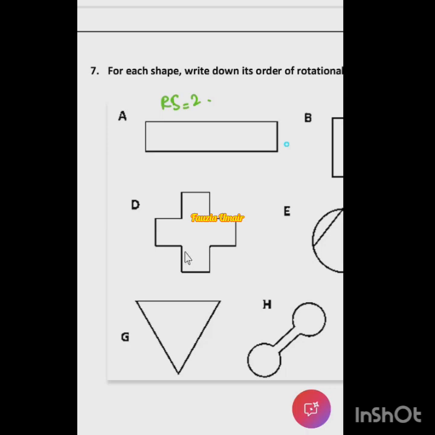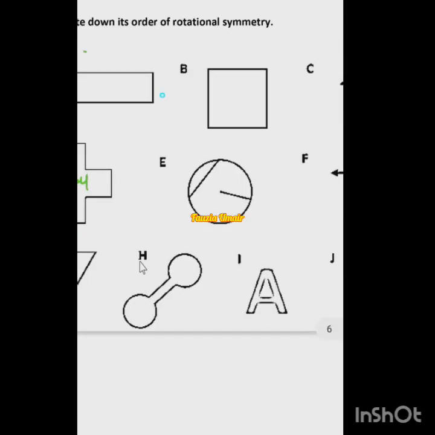What about D part? 4. Because this resembles a square. What about this one? Ma'am, 3. Very right.